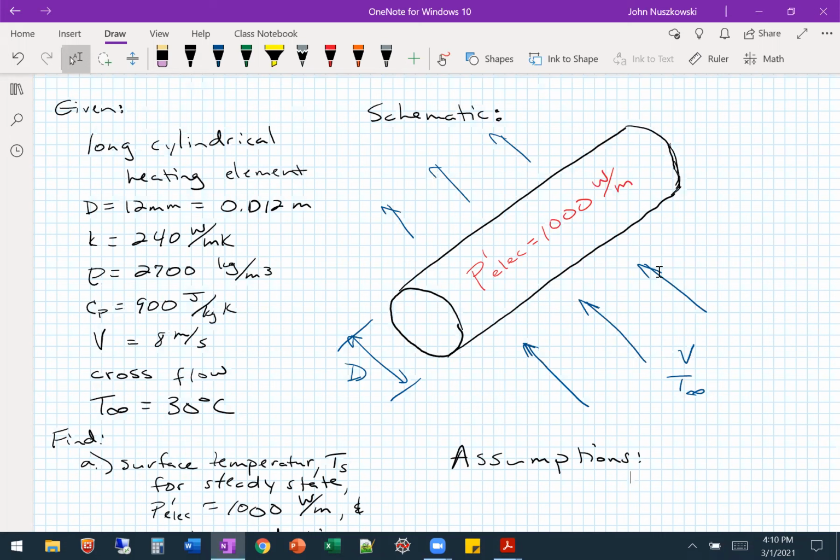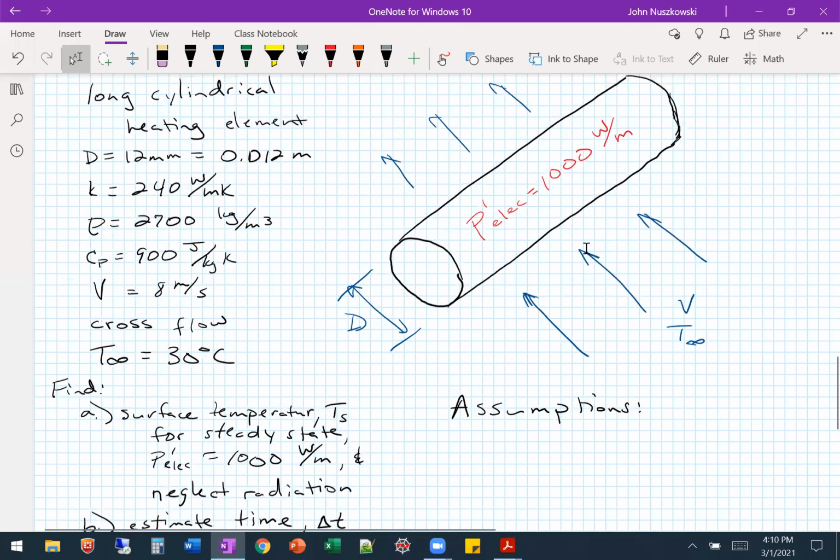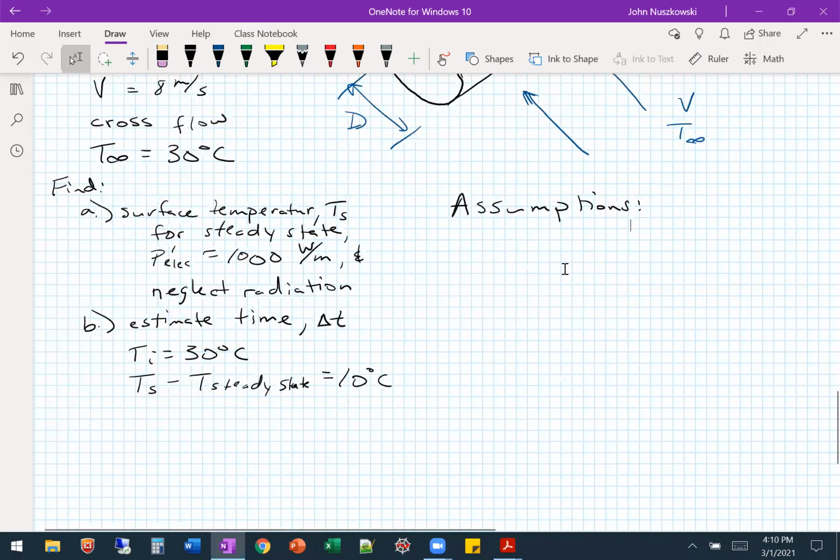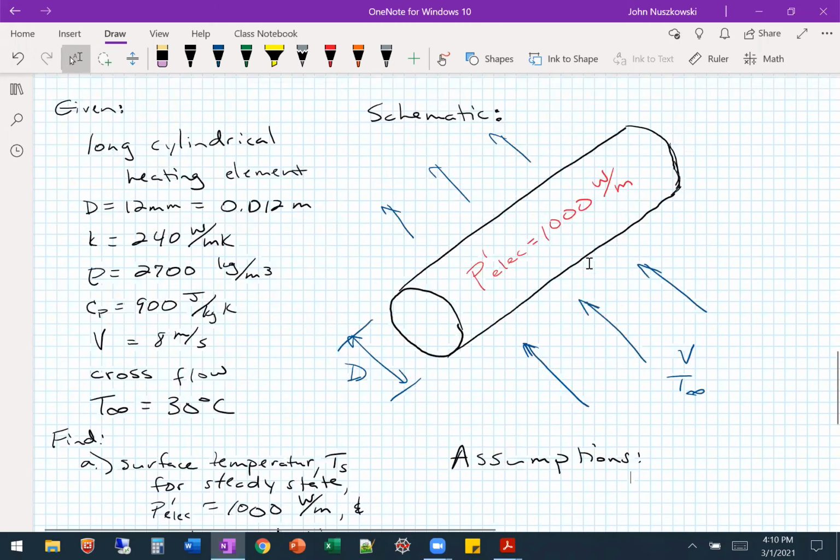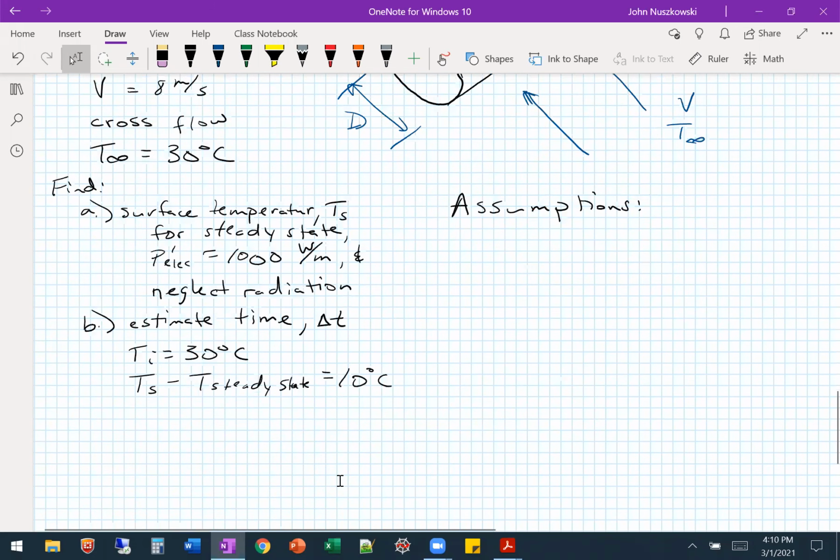We have cross flow with the velocity and temperature of the fluid that's going to hit it. And for part A they want the surface temperature for steady state, neglecting radiation.